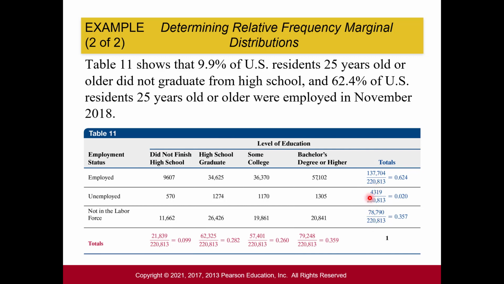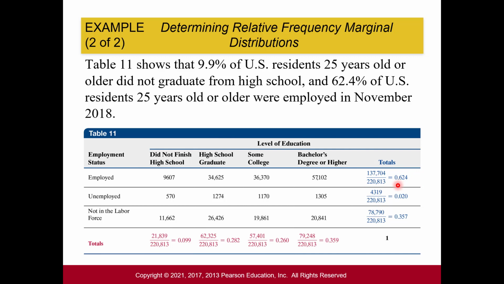If you recall a couple of slides back, the total number was the total of the marginal distribution of level of education, where it met the totals of employment status. That 220,813 number was in the bottom right corner, so that's our denominator.